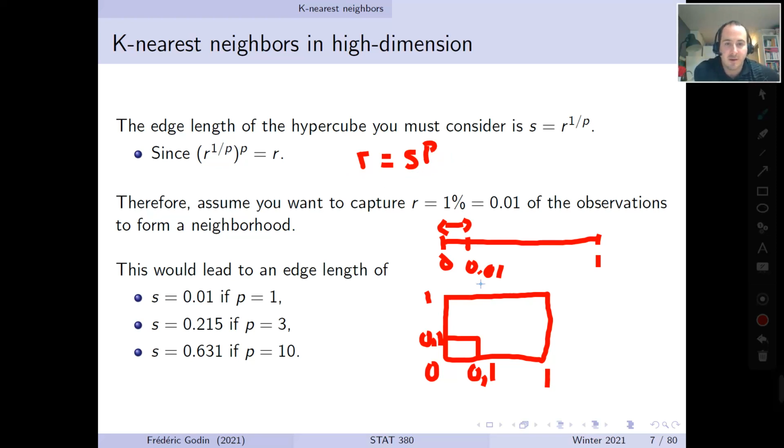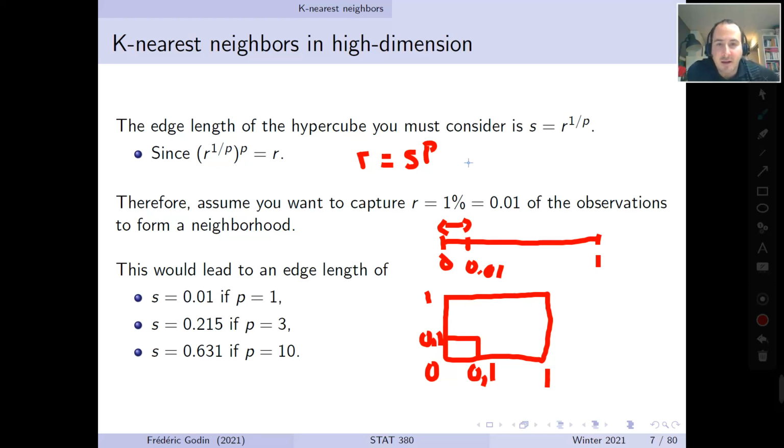Because for example here, the volume is 0.01, so p is equal to 1. Here in 2 dimension, the volume is 0.1 times 0.1. If you're in 3 dimension, it would be your edge length to the power 3, etc.